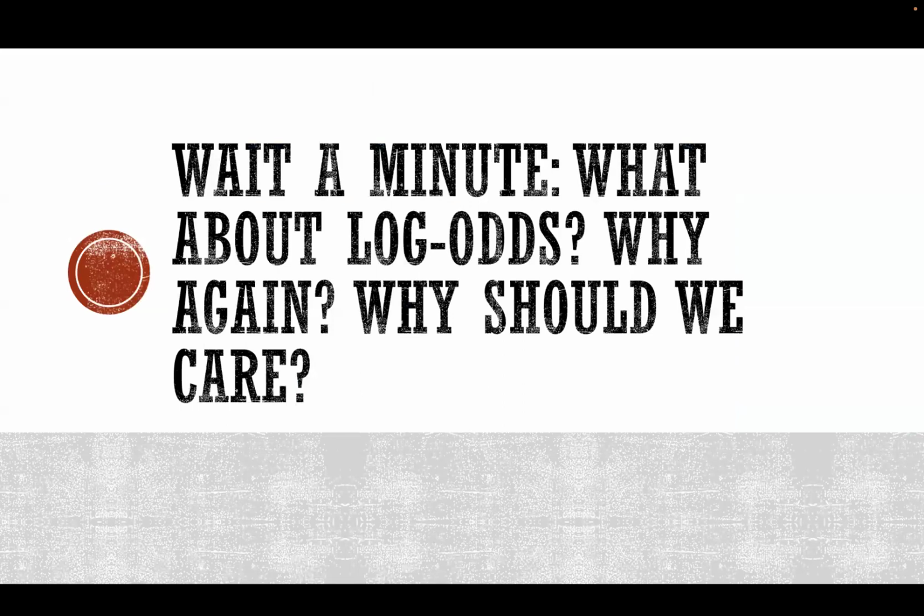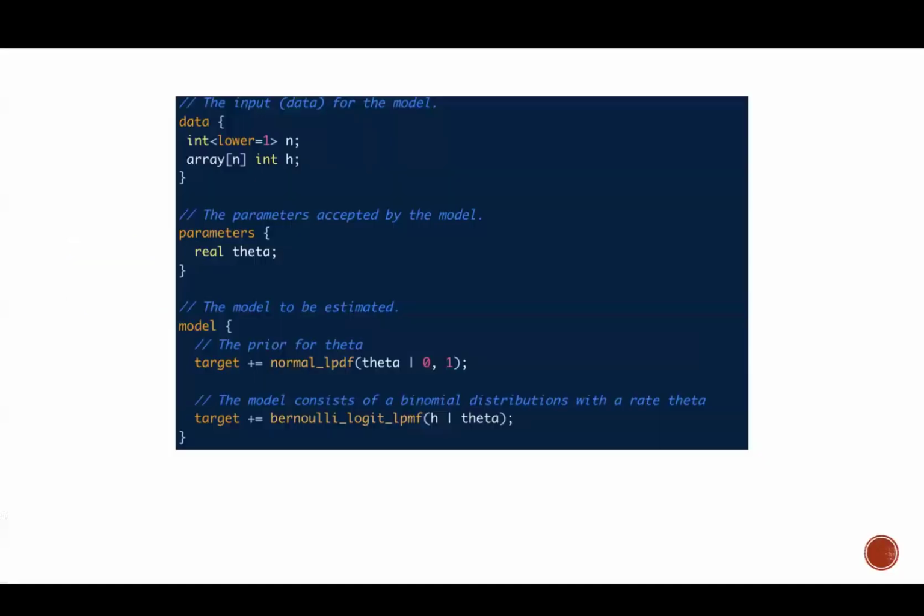So, weren't we talking about log odds on Friday? Right. Why again were we talking about log odds? Well, I guess I've taken it up a bit on the whiteboard here, right? How do we implement it with log odds? Well, it's relatively easy, right?